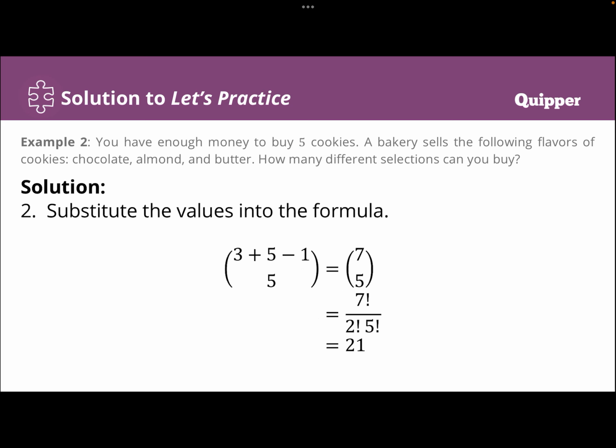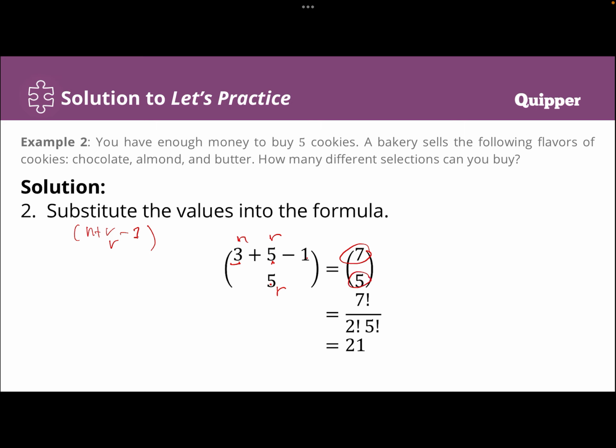So, we will first substitute in the formula. So, N plus R minus 1, that is the quantity N plus R minus 1, sa ilalim yung R. Okay, so that's why we got N is 3, R is 5, and minus 1 based from the formula. And 5 is R. So, 3 plus 5, that is 8 minus 1, 7.